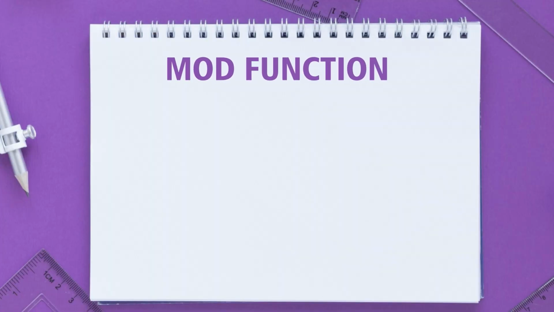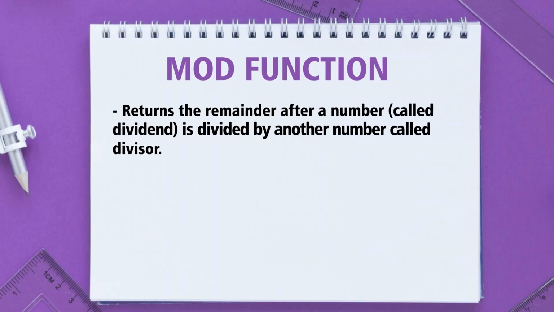Now, another function which is quite popular and used in the analysis of algorithms, and in fact in the designing of algorithms, is the mod function. The mod function returns the remainder after a number called the dividend is divided by another number called the divisor.